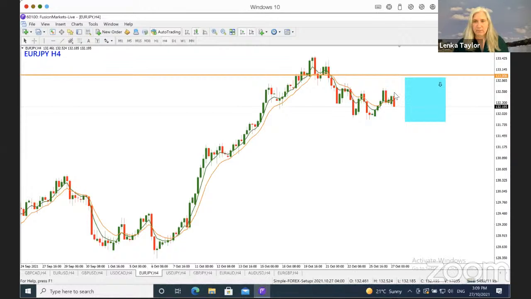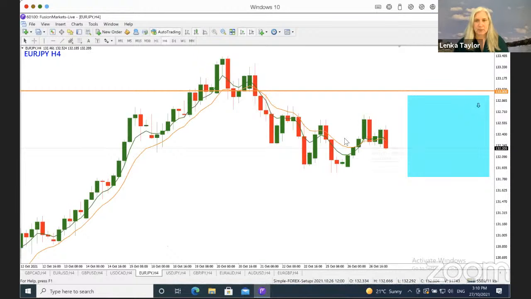I would prefer if the price was as close to the previous top, or to the horizontal, as possible. But it looks like we might be having a reversal here if this bar closes below. So that might also pose an opportunity for a short after the close of that bar.